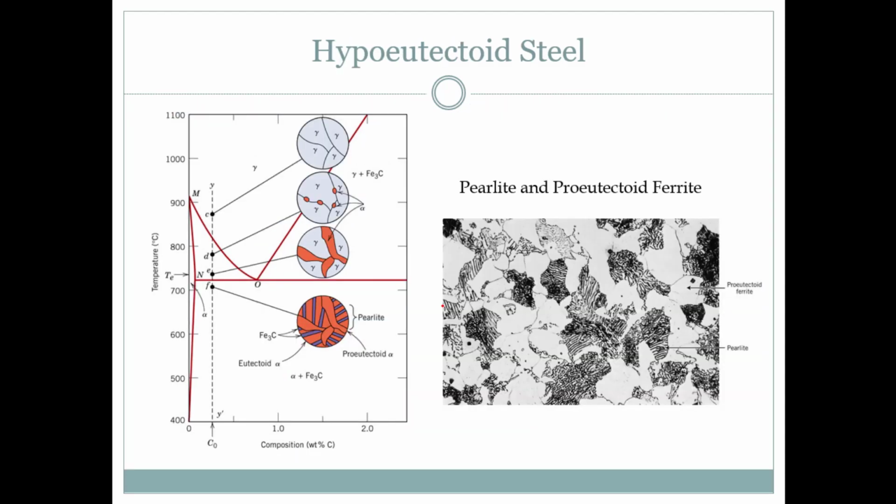Now the hypoeutectoid steel, to the left of this point of 0.76, consists of pearlite and proeutectoid ferrite, those larger areas.